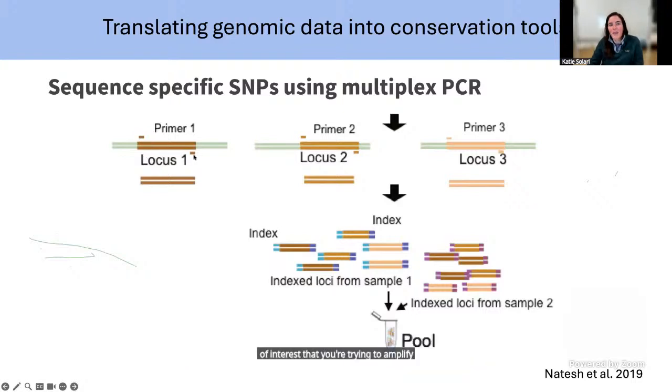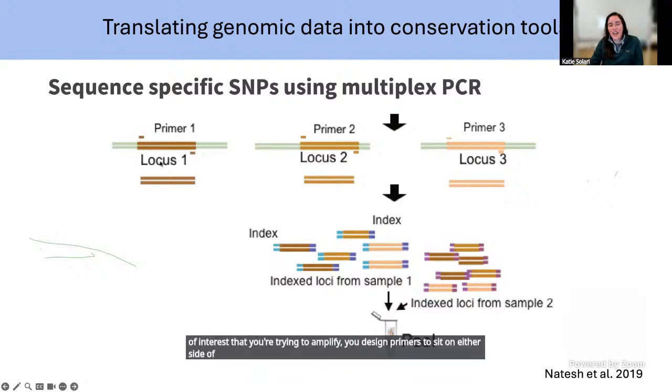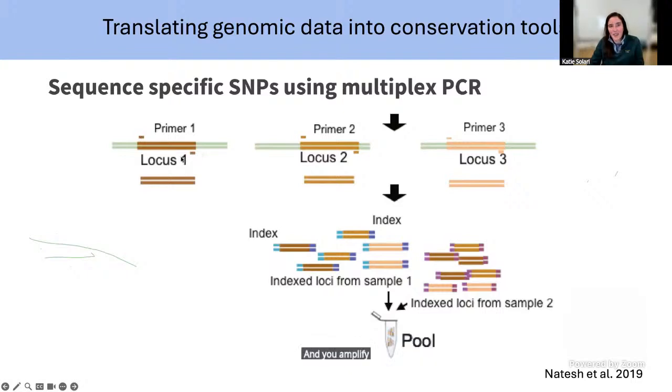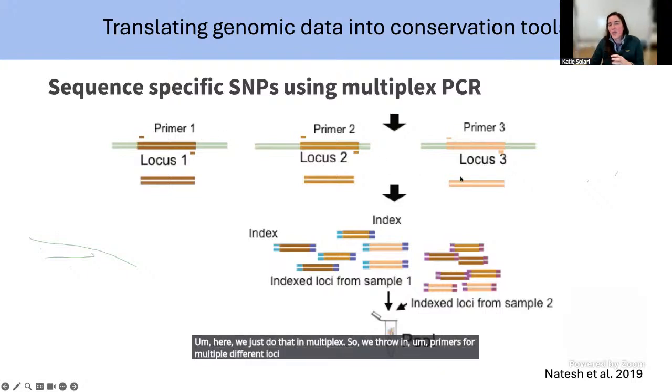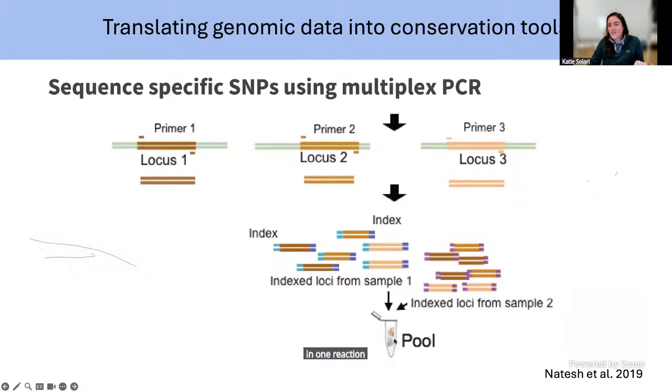You design primers to sit on either side of that, and you amplify your locus of interest. Here we just do that in multiplex. So we throw in primers for multiple different loci in one pool, and this allows us to amplify all of the SNPs that we want in one reaction.